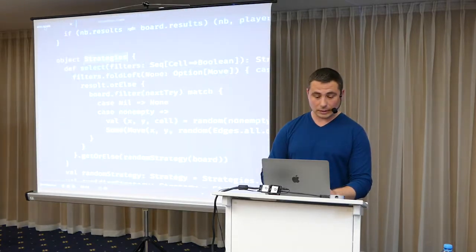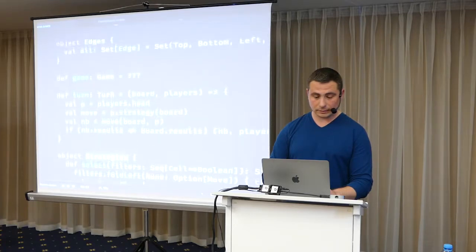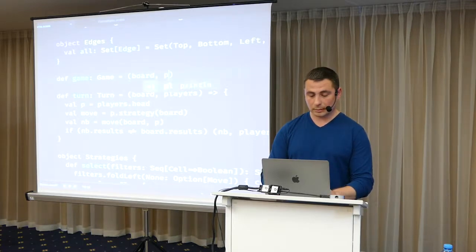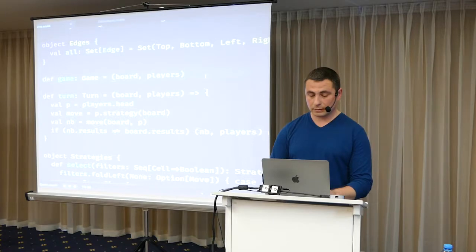We can now implement the game itself. We have a board and players, and we need to return the winners and a log. In the very beginning we don't have any log, so I would suggest we say it's a game 0.